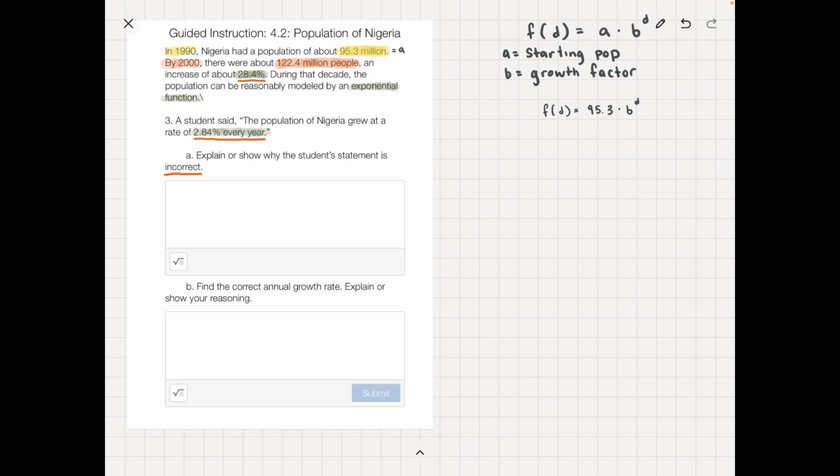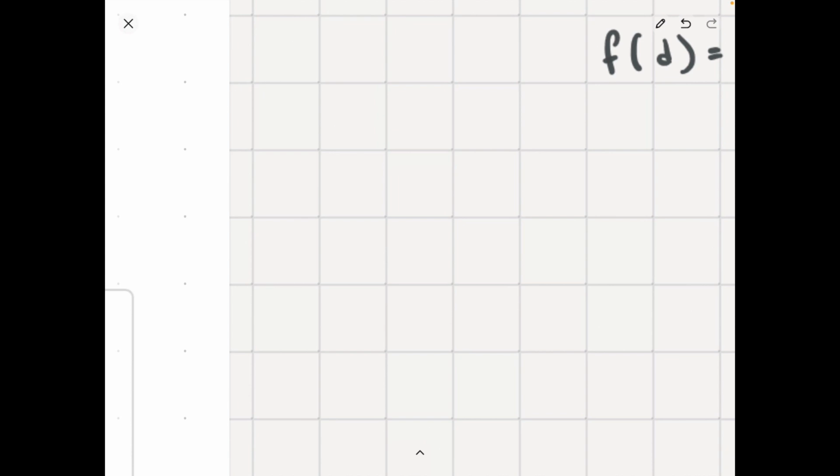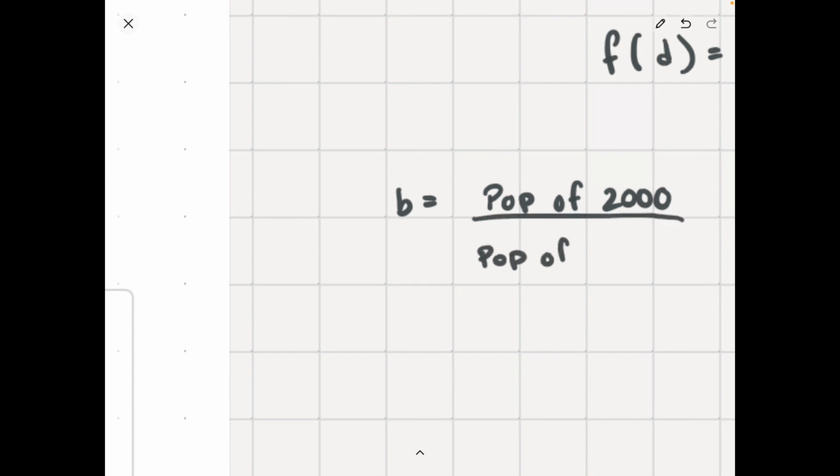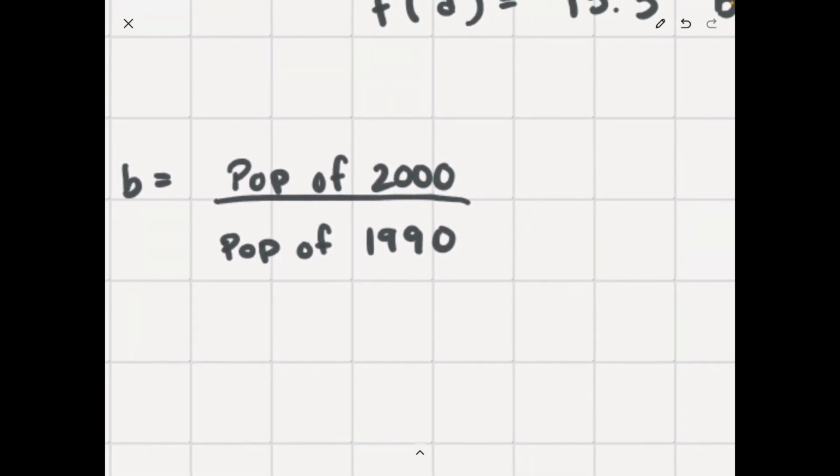So how would I go ahead and figure out what B is? Well, there are two options here. The first option is just to divide over the decade. So let's call B our growth factor. If I divide the population in 2000 by the population in 1990, that would give me the growth factor for that one decade, right?